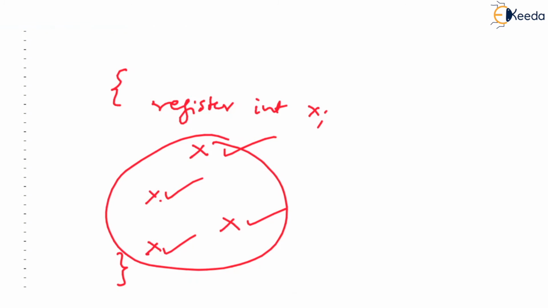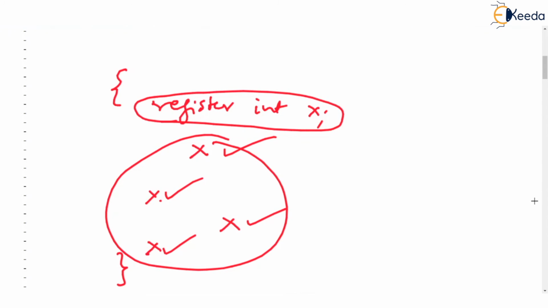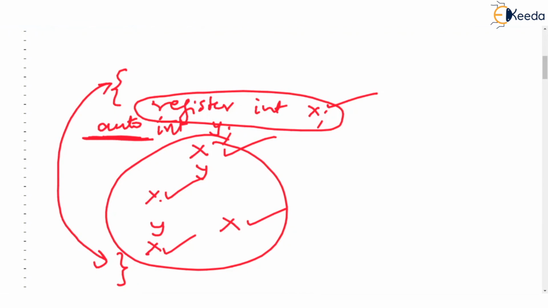Because X is used so many times, it is better than always taking it into the CPU and then bringing it back into RAM, isn't it? But if there is a variable Y which is used once or twice in my program, it is quite obvious that you declare Y as a variable without any storage class. Whenever you don't specify a storage class, it is auto, because you have declared this variable within the scope.